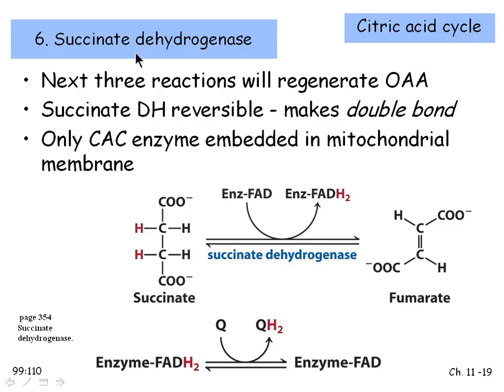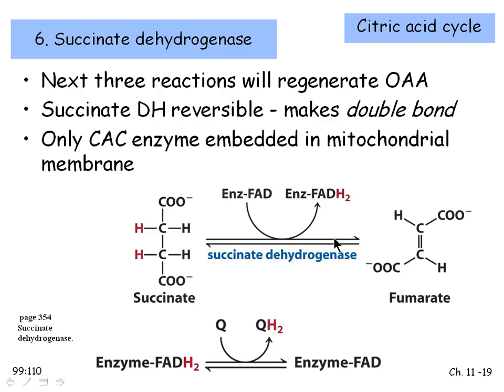So the next enzyme is succinate dehydrogenase. Here's your succinate. Once it's been dehydrogenated, we now have a double bond. So we've created an unsaturated bond. And something had to have gotten reduced if this is now a double bond. And here's your FADH2. FAD received the electrons, became FADH2.